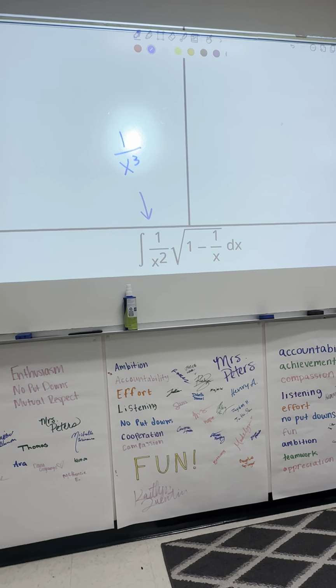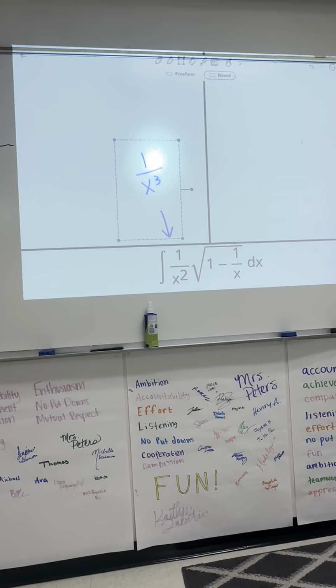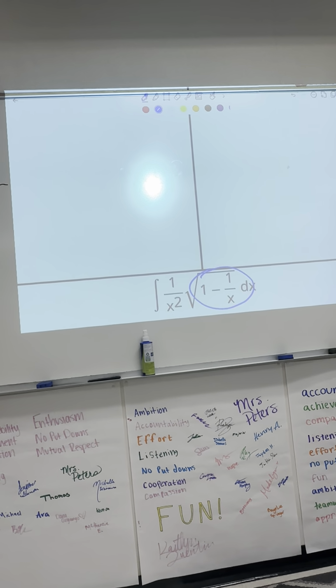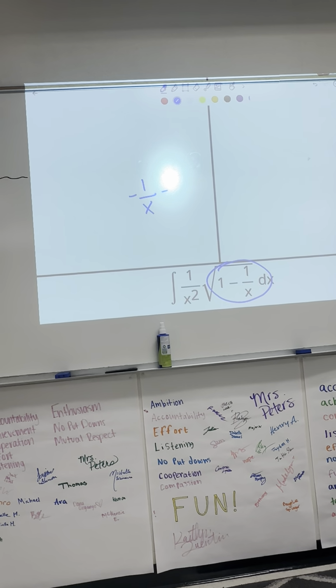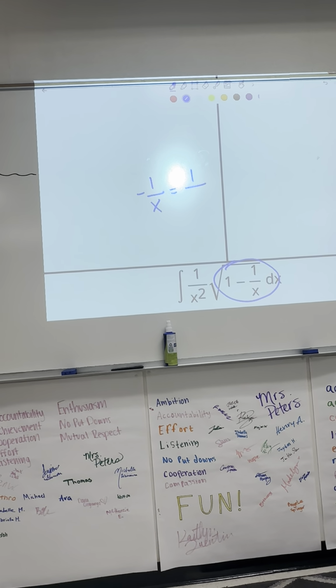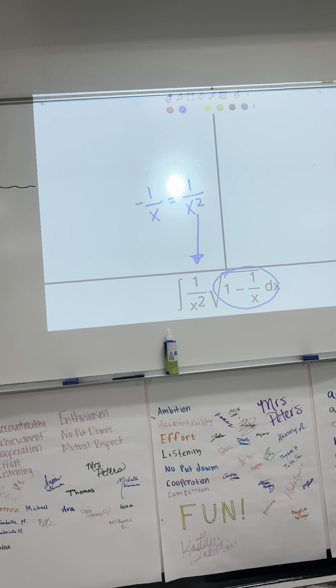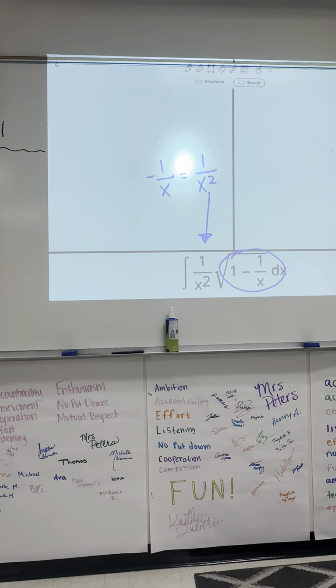And I don't have that, right? So then I look at the other option and say, what if it's this? The derivative of negative 1 over x is 1 over x squared, right? I do have that. So that means that what's under the root has to be my u.